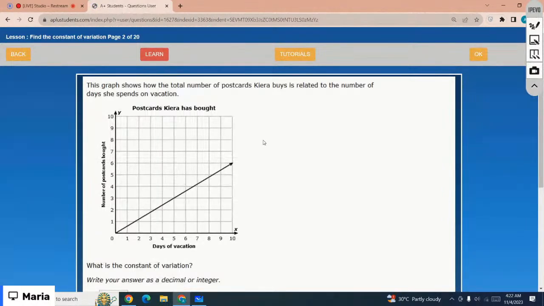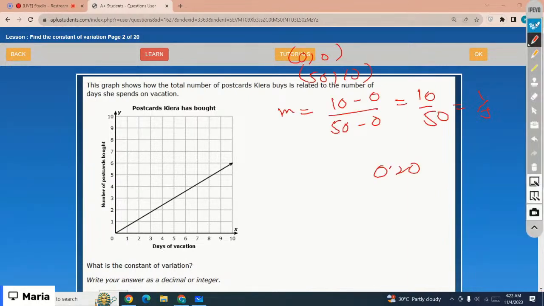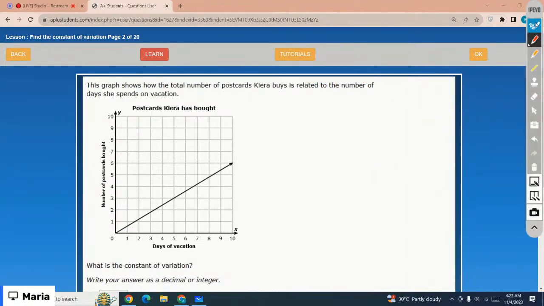Okay, the graph shows how the total number of postcards Kira buys is related to the number of days she spent on vacation. What is the constant of variation? So just use any 2 points on the graph and calculate the constant of variation.